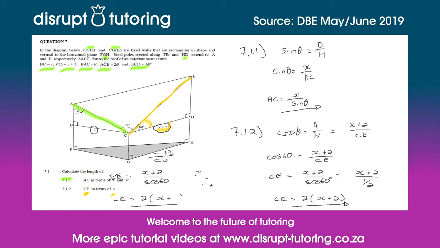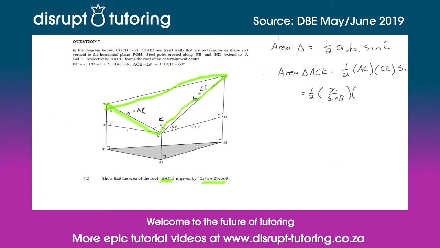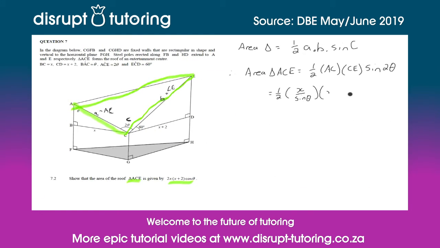CE, we said, was 2 times x plus 2, so 2 times x plus 2, and sine of 2 theta. Okay, and then we know this trig function over here, sine of 2 theta, is from our formula sheet. Sine of 2 theta should equal 2 times sine theta cos theta.